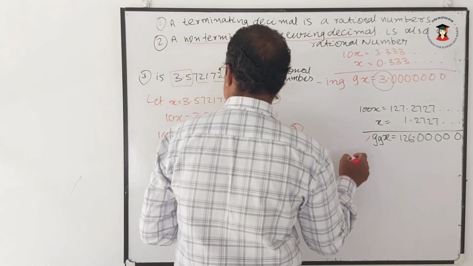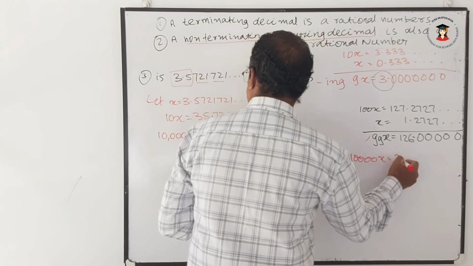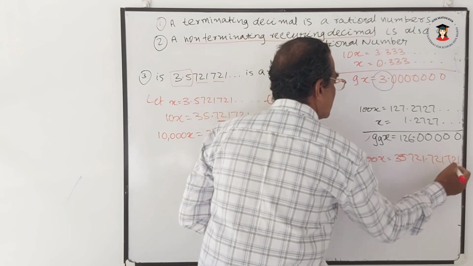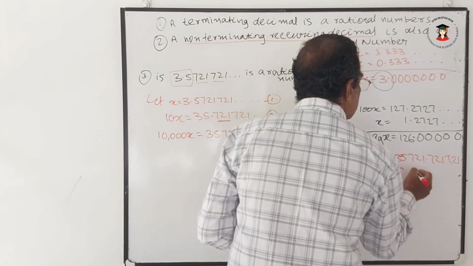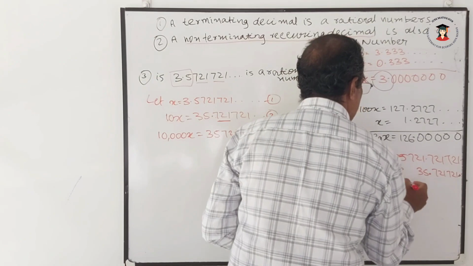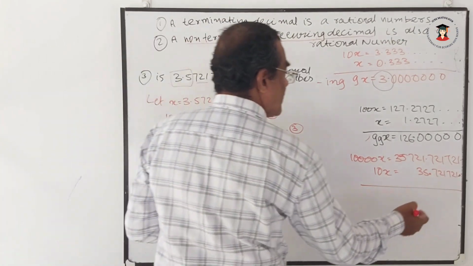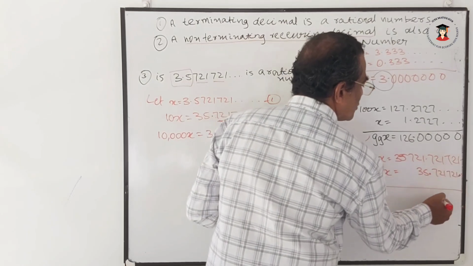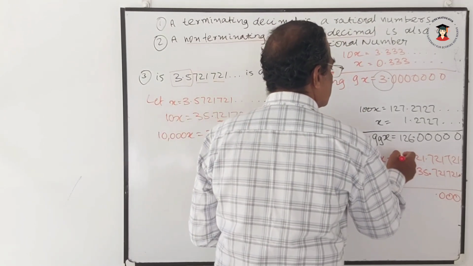So 10,000x equal to 35721.721, etc. And the other one is 10x equal to 35.721, etc. If I do a subtraction here, after this decimal, all the digits are same, 7, 2, 1, 7, 2. So all are zeros. 35721 minus 35.